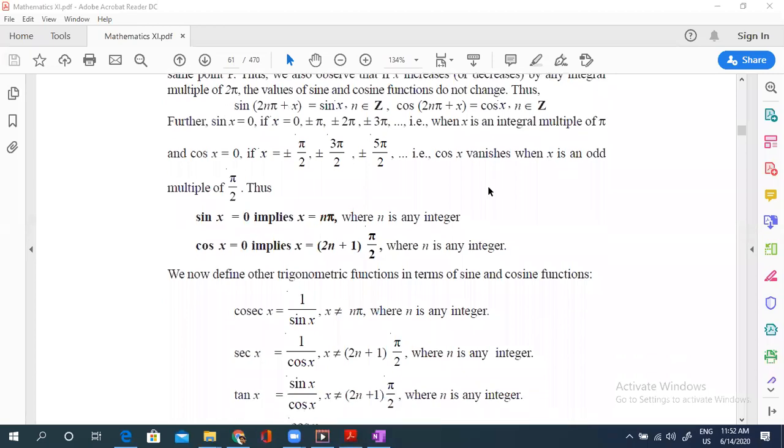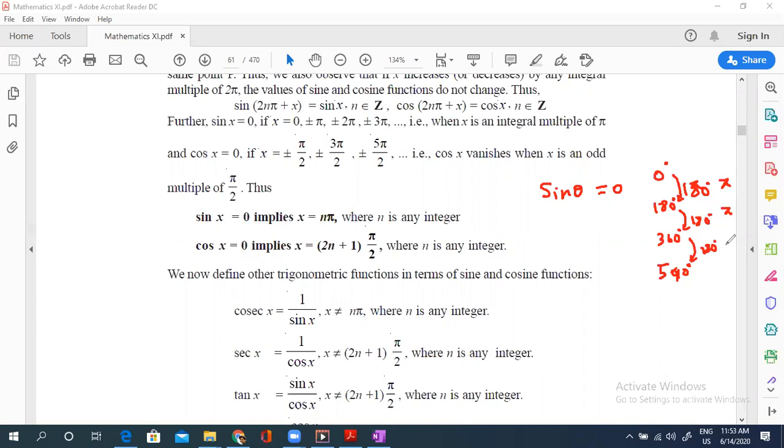So I can say that sine theta at 0 degree and 180 degree and again 360 degree and again 540 degree, right? So if you observe this, the difference between these is 180 degree.